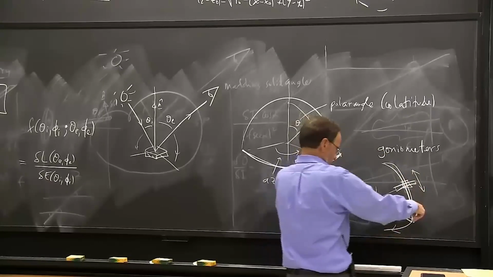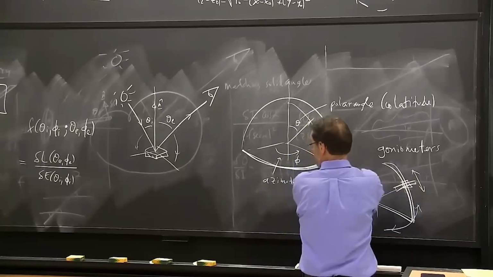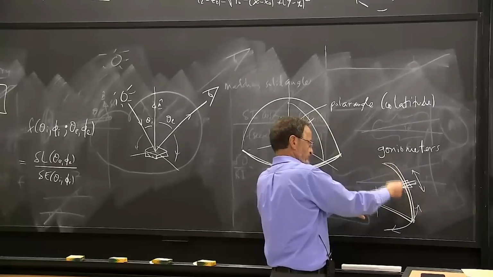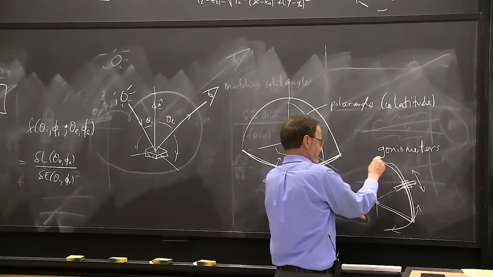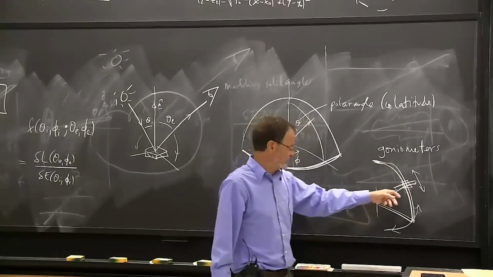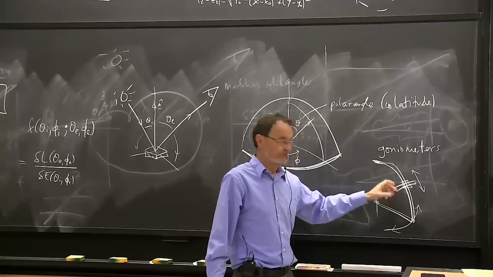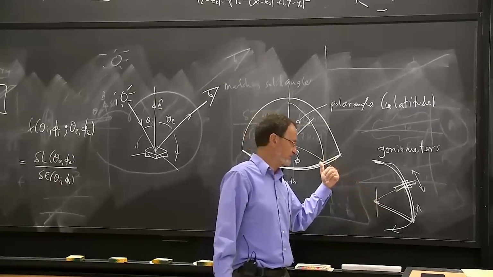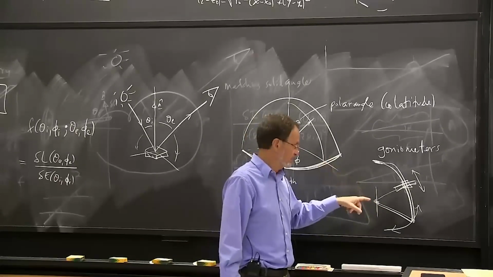Okay, so the first rotation corresponds to the azimuth angle, and the second movement corresponds to the polar angle. So the pole would be up here. And so we can mount the light sensor on one of these. Then we get a second one, and we mount the light source on it as well.